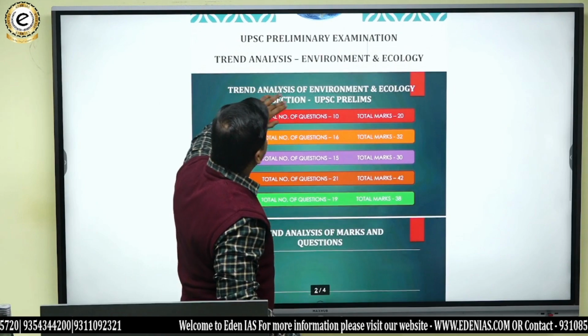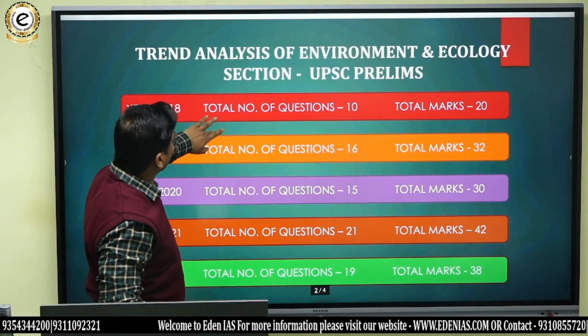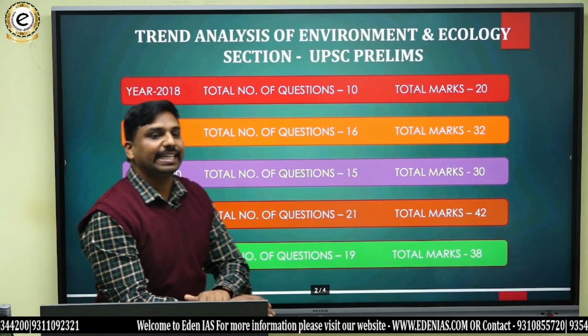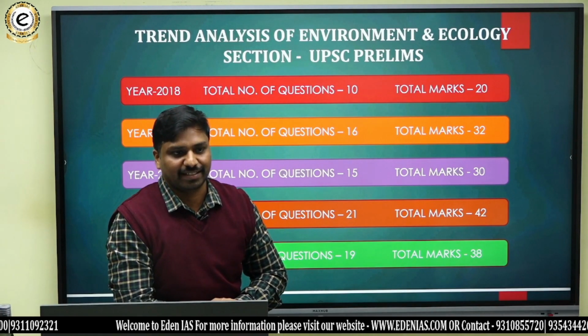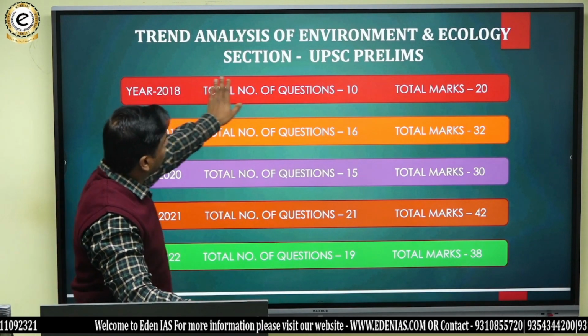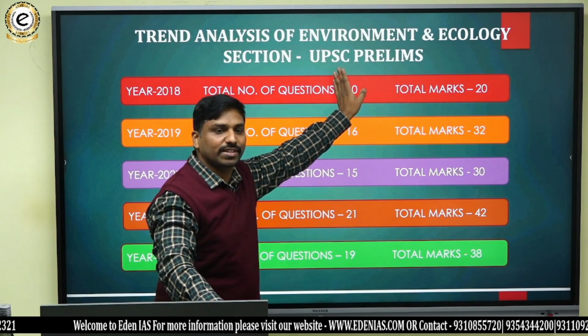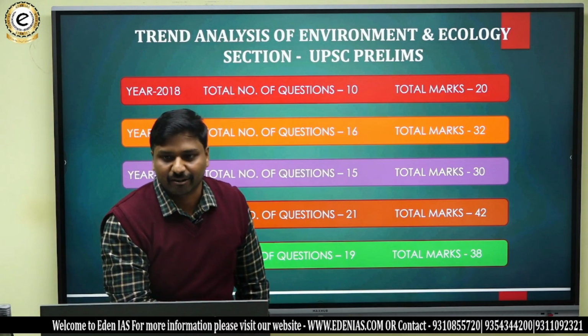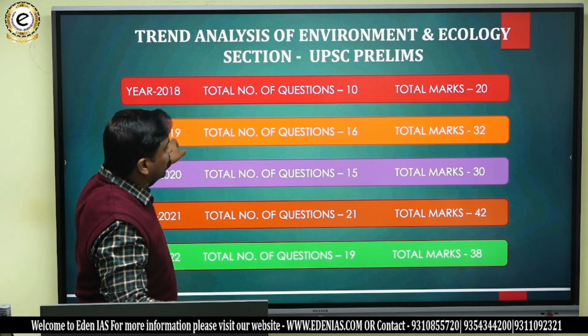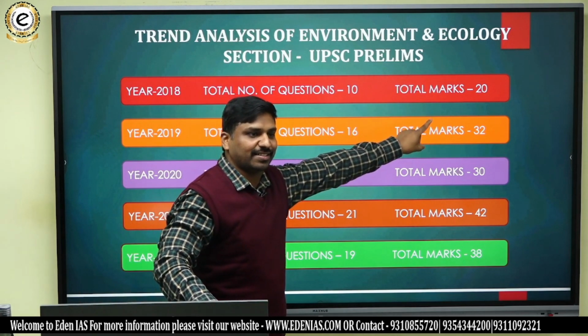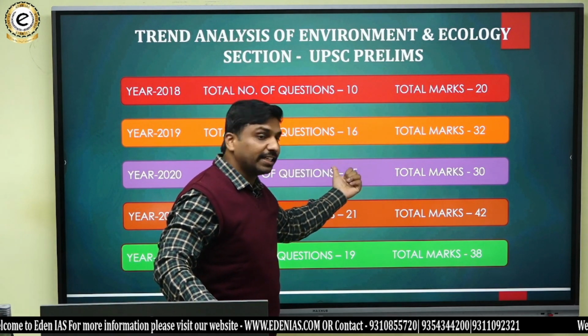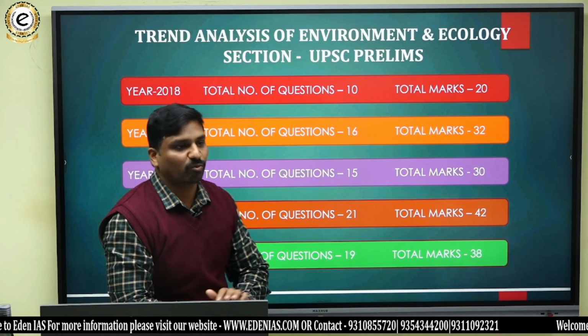See, if we look at it from the prelims point of view, from 2018 onwards, this is the trend analysis. In 2018, 10 questions were asked from environment and ecology. In 2019, there were 16 questions. In 2020, there were 15 questions.